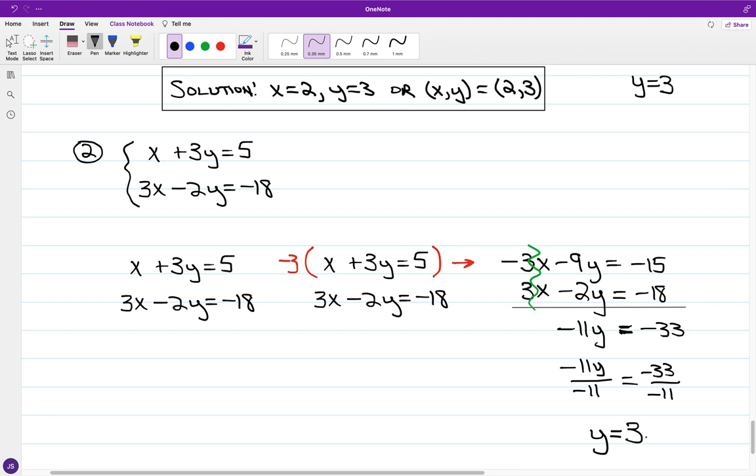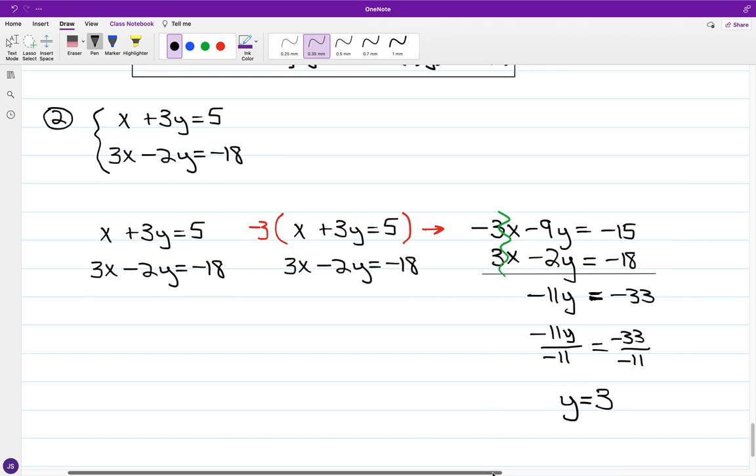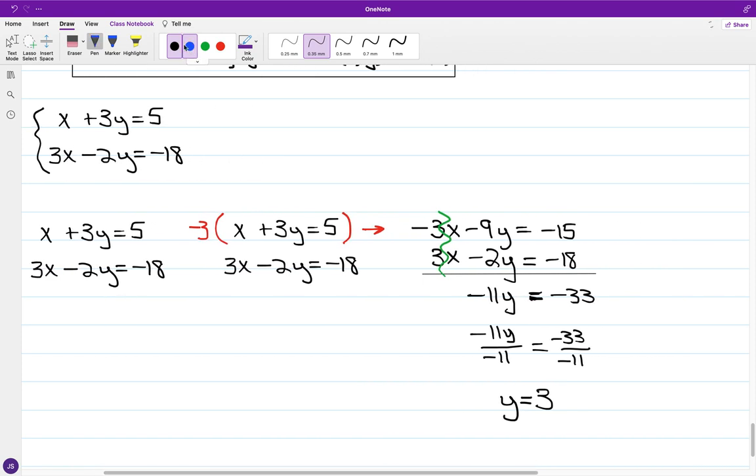So I have half the solution, where y is going to be 3. And what I can do is go back to the system and solve for x. I can plug in 3 for y in either equation from the system. Then we'll go with the first instance.